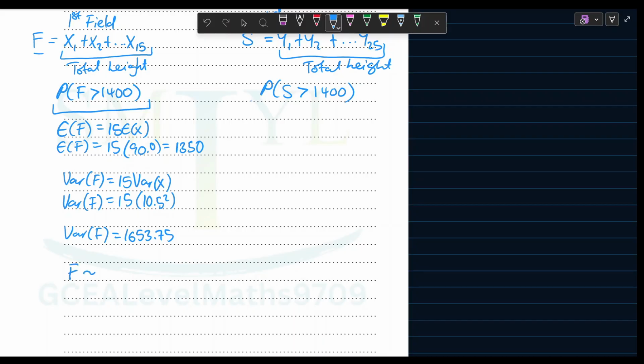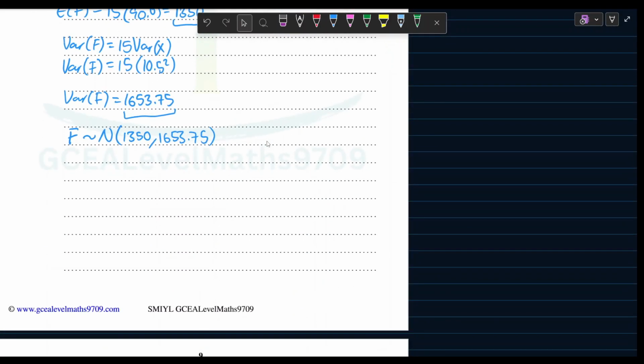So it means that F would also be normally distributed, and its mean is 1350. Its variance is 1653.75. And we want the probability that F is greater than 1400.